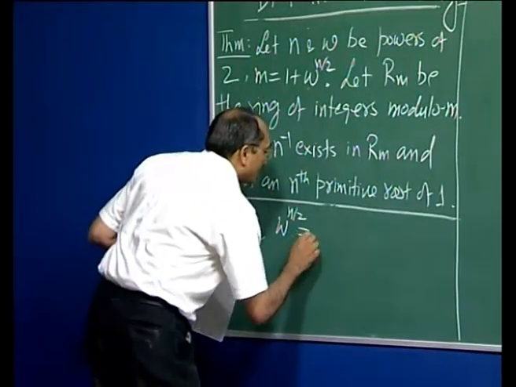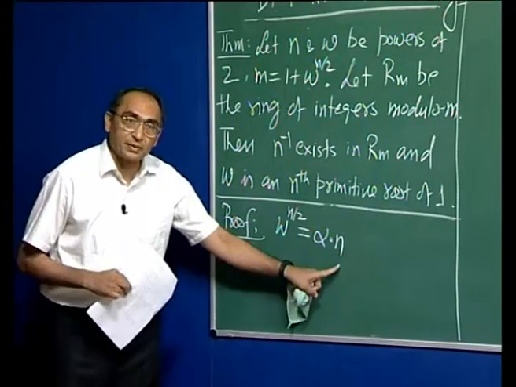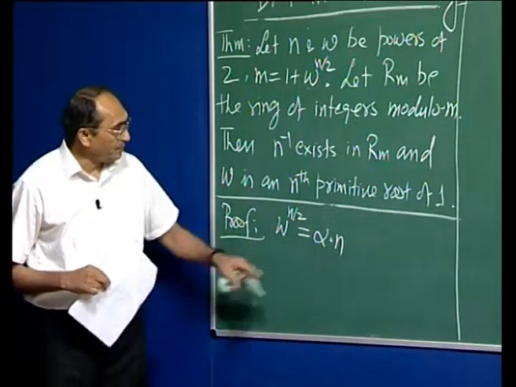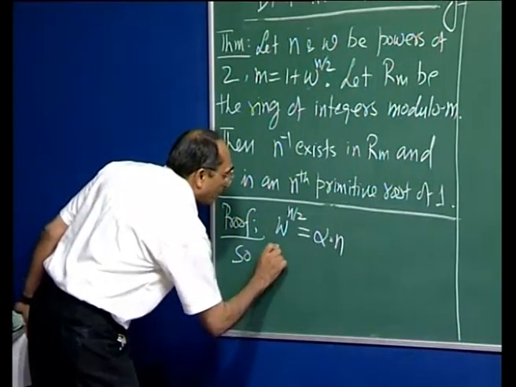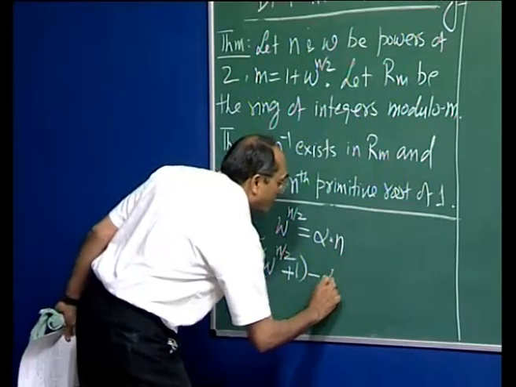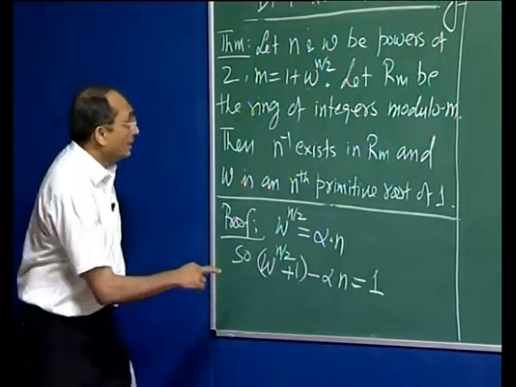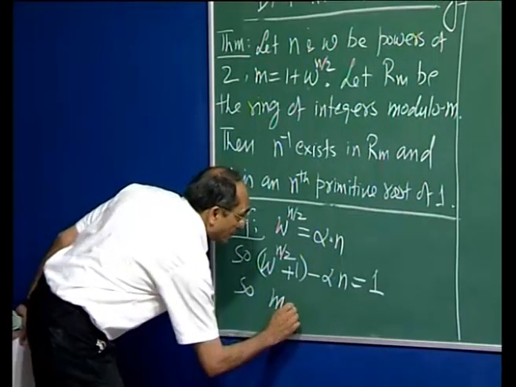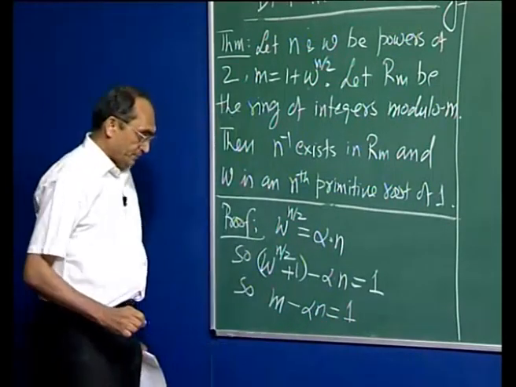I can express this as some alpha times n, because this is a power of 2 and this is a power of 2. So I can boost this to this by multiplying by a power of 2, and we get w power n by 2 plus 1 minus alpha times n equal to just 1, and this is our m. So, m minus alpha n is 1.